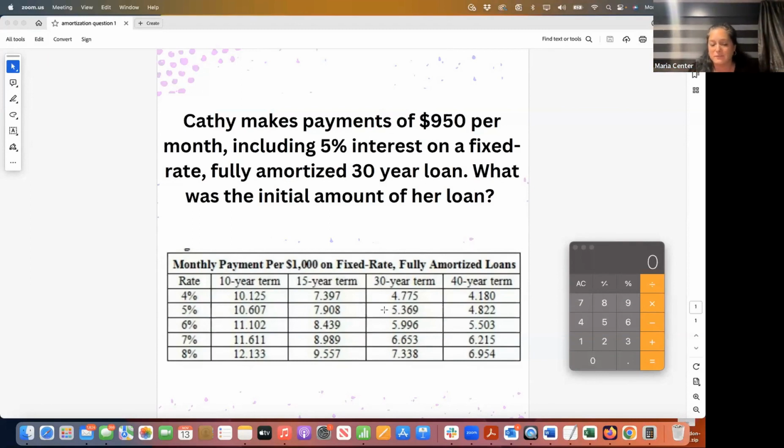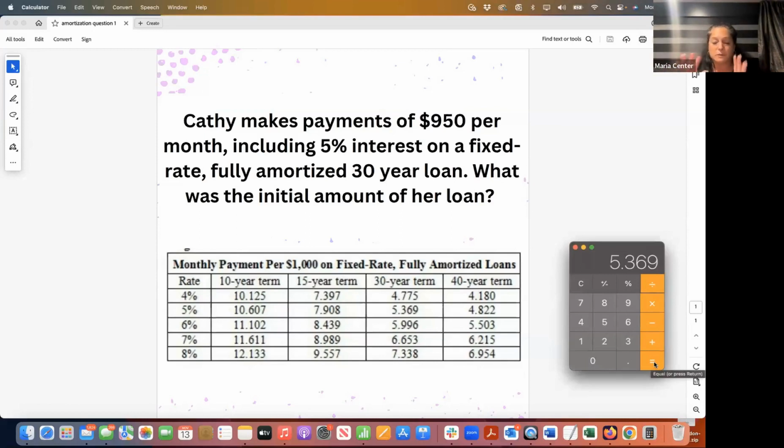How many times do I have to pick up that pile and hand it to you? And every time I pick up a pile of $5.36 and hand it to you, that represents another $1,000 that we borrowed. So think of it like this. If her payment's $950, how many times does 5.369 go into $950?